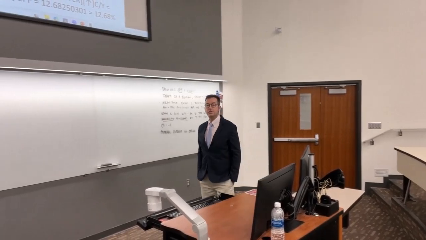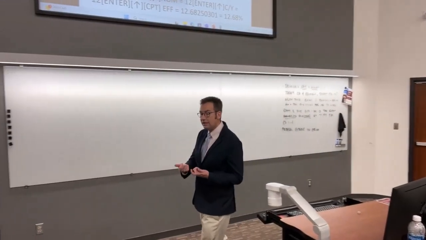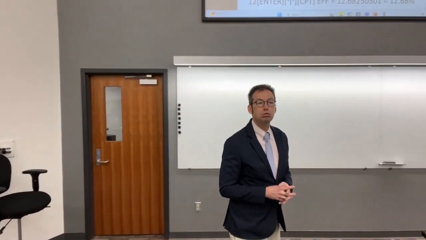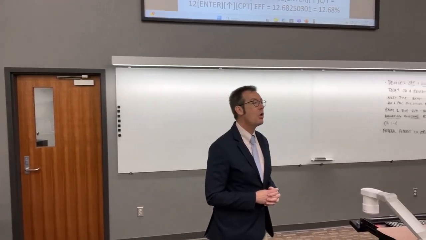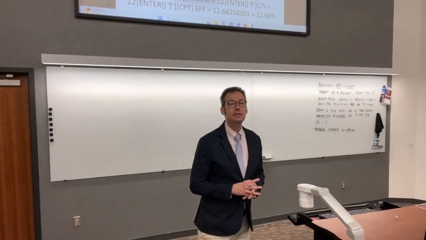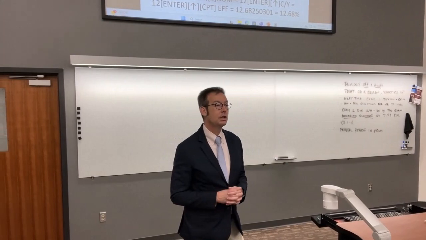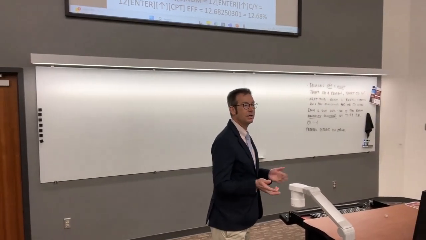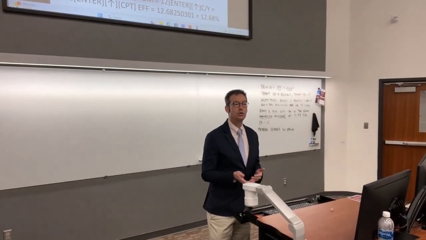And so to find the nominal rate, I would take that 2-week interest rate and multiply by 26. My C per Y would be 26. And I would compute the effective annual rate. And that problem is actually on the exam practice, and it's going to blow your mind how huge the effective annual rate can be for what seems like an only slightly high 2-week rate.